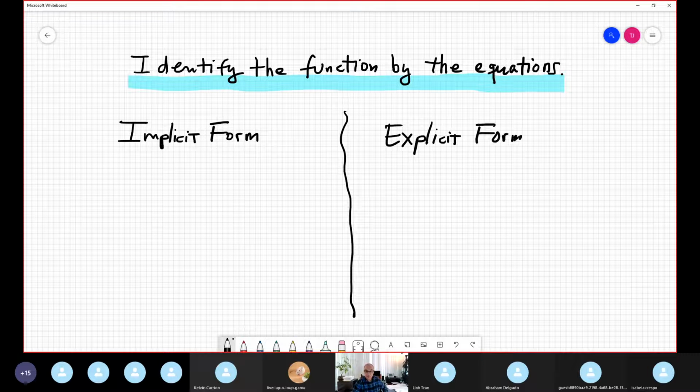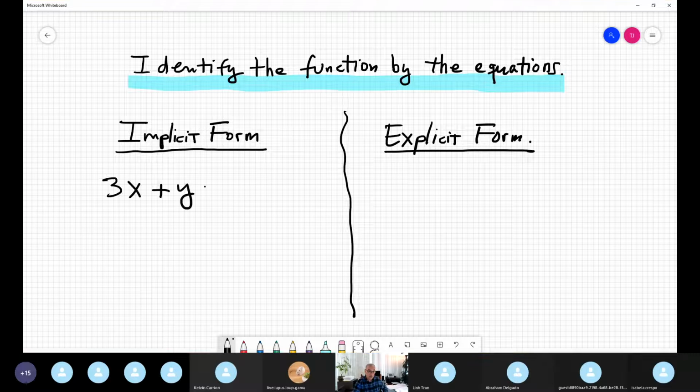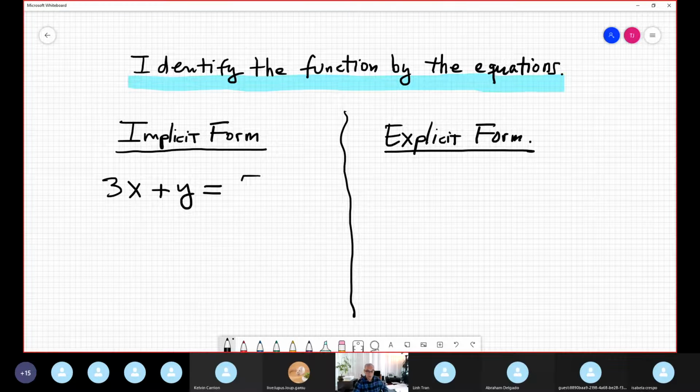Well, it's easy to understand because implicit is when you write the equation like that, 3x plus y equals 5, for example, in which you do not isolate any variable. It's mixed together here.